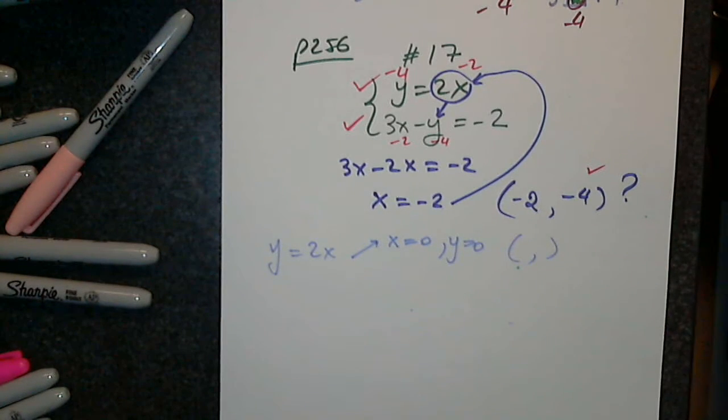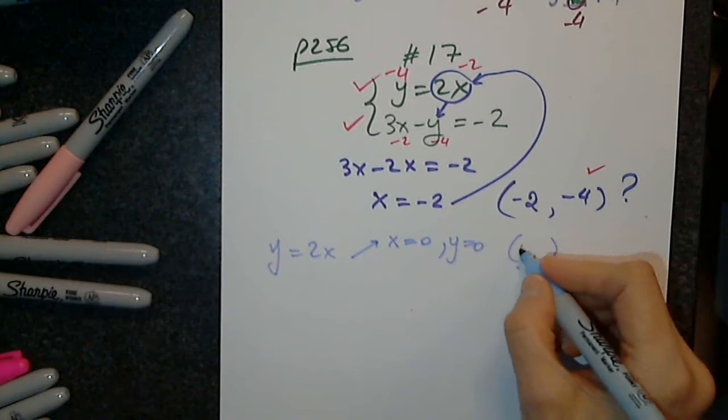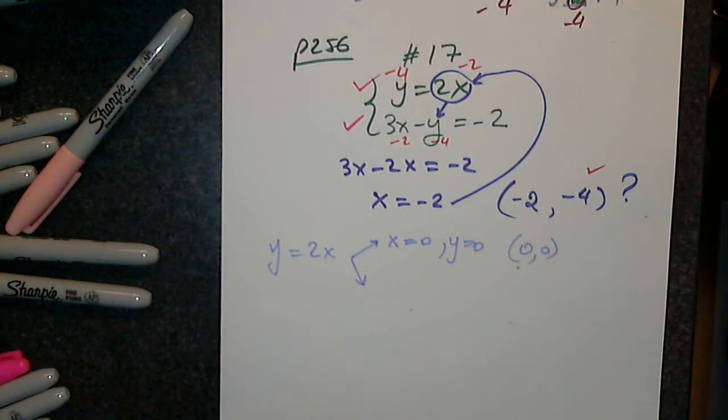What is the ordered pair? 0, 0. That's it. It happens that the x and the y-intercepts are both in the same point, so I have to make up another. I can't find another x or y-intercept. There's only one. At the origin, it crosses both the x and the y.